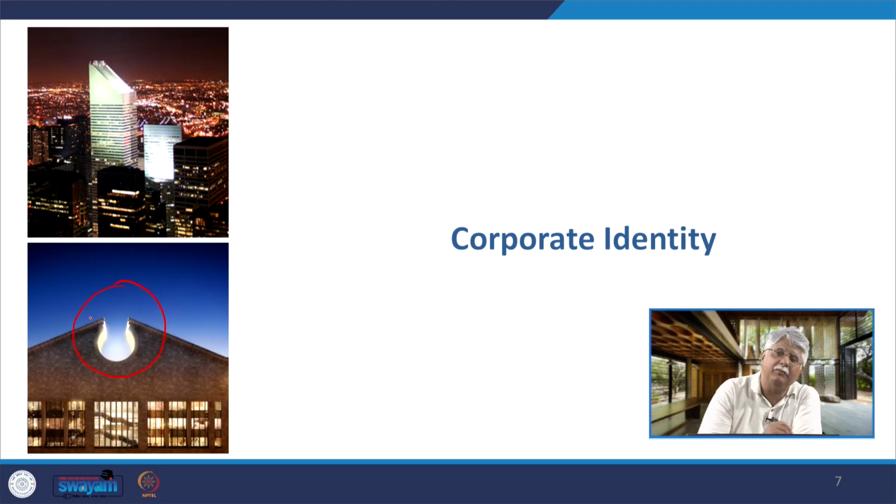Another quality that we find here is, this is the AT&T building that was designed by Philip Johnson, and this is the Citicorp Center, and both pinnacles you find are very unique identification of the two buildings. The reason is that at street level it is very difficult to make out which skyscraper belongs to which corporation.